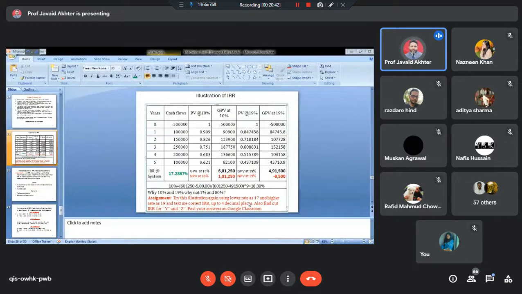Now I'll proceed to explain its advantages and disadvantages, its merits and demerits. Before I do that, ask me if you have not understood any part of it. So there is the equation, 18.30%. Sir, before this 30, there is multiply by 9.